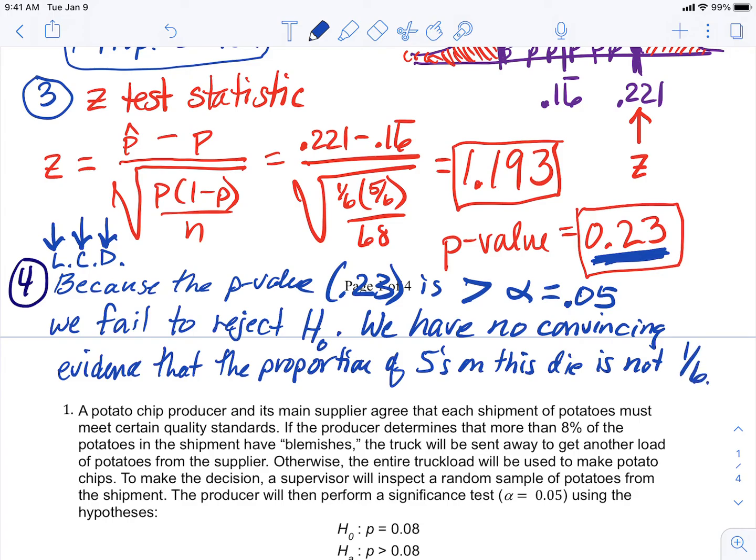All right, so this doesn't sound like the best English in the world to have a double negative, because we're saying we don't have evidence that it's not 1/6.